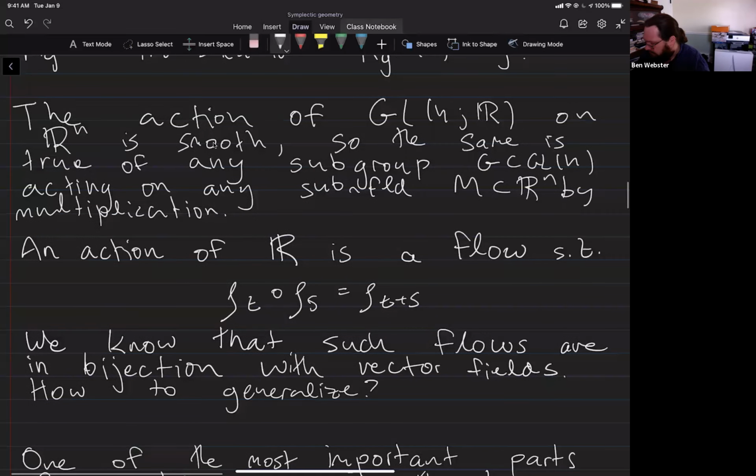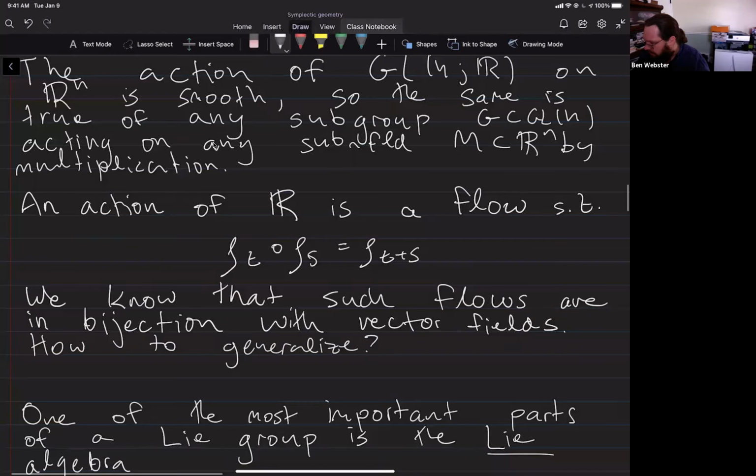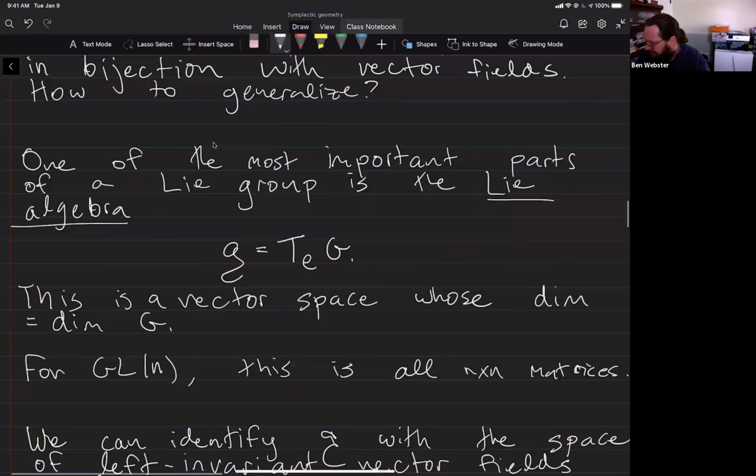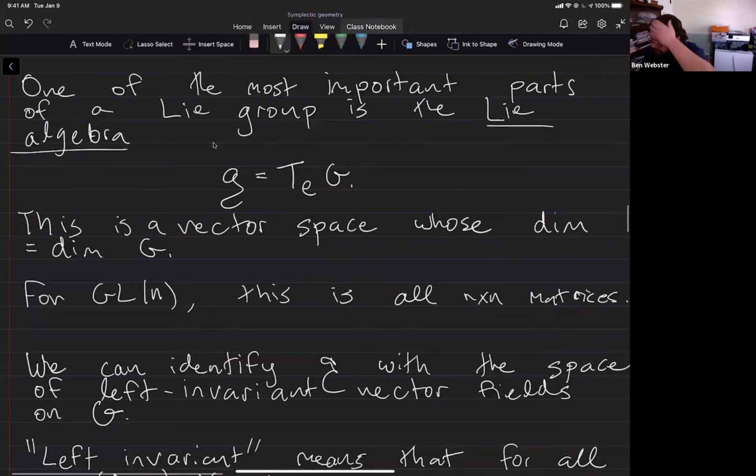Well, obviously I'm going to need some more complicated notion than just a vector field, some way to generalize vector fields. And the thing that does that for me with Lie groups is the notion of Lie algebras.